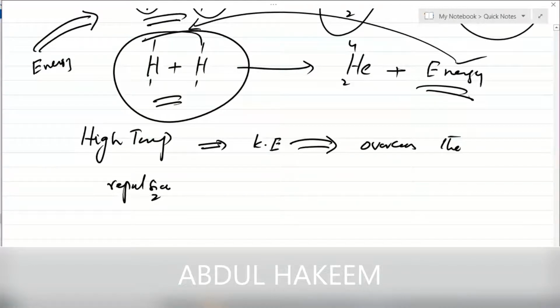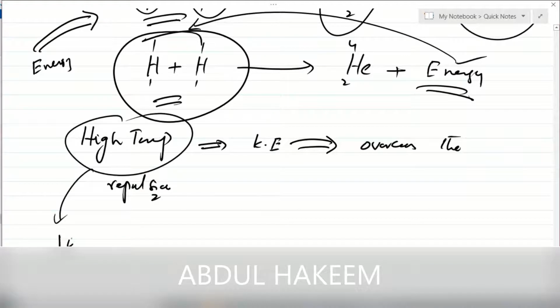So naturally, this process is occurring at the surface of the sun. The very high temperature, approximately 10 power 5 Kelvin. So minimum temperature which is required is 10 power 5 Kelvin. When we add 273, no difference, approximately 10 power 5 degrees Celsius.